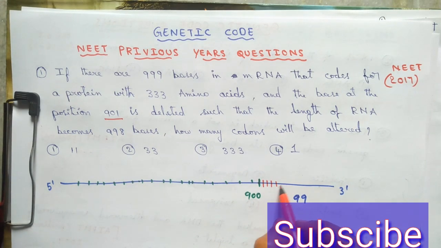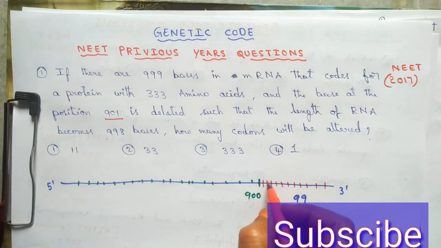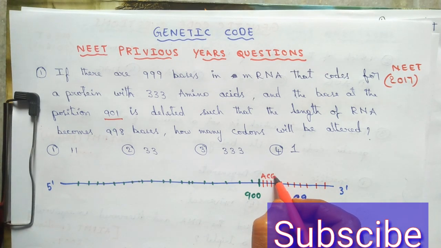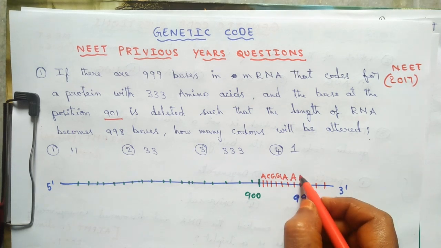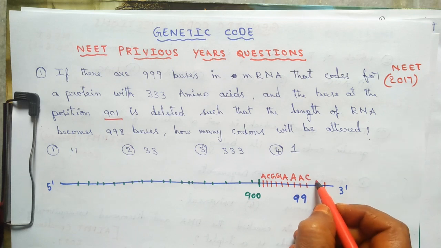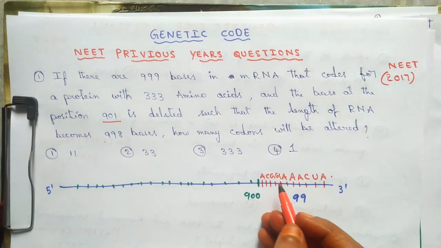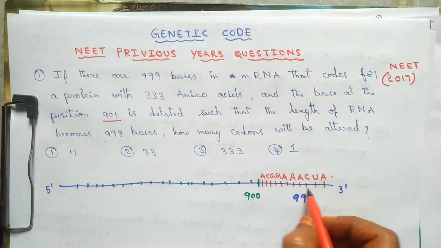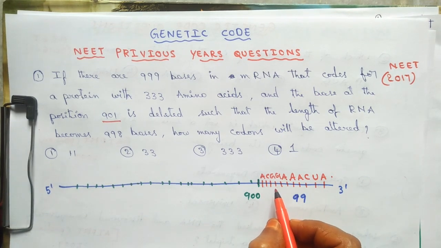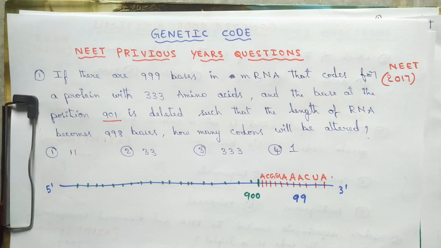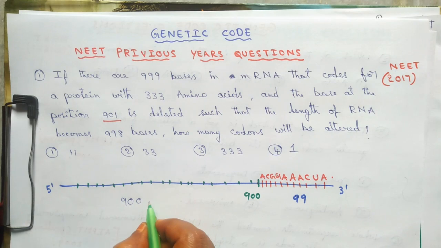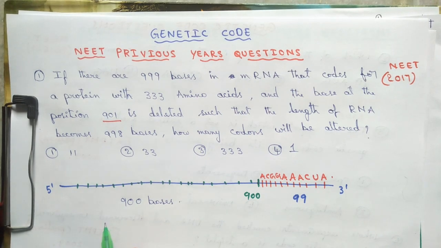I am writing some nucleotide bases from the 901 position, like A, C, G, again G, A, like this, some C, U, A, like this. Okay, so up to the 900 position, how many codons will be there? 900 nucleotide bases means how many codons? 3 nucleotide bases together form one triplet codon.